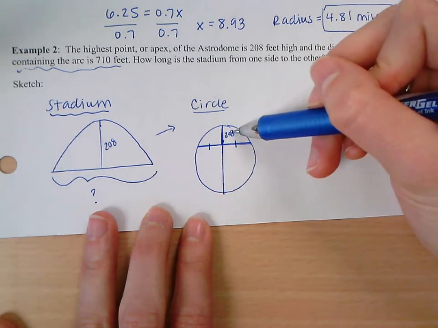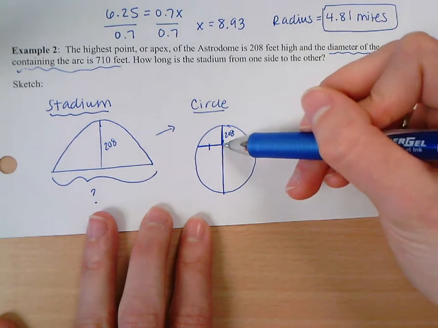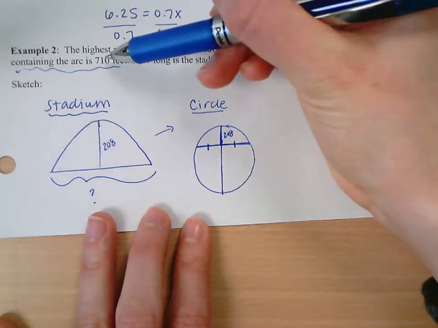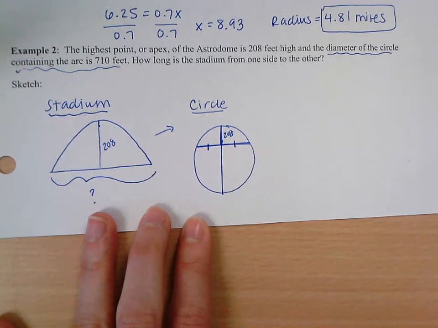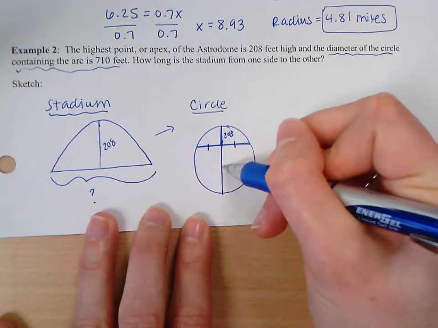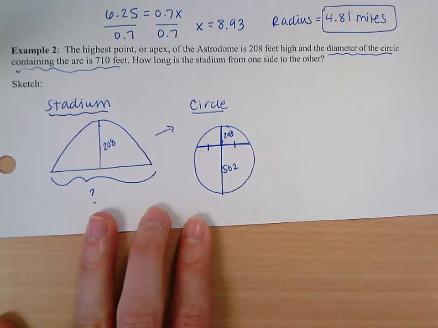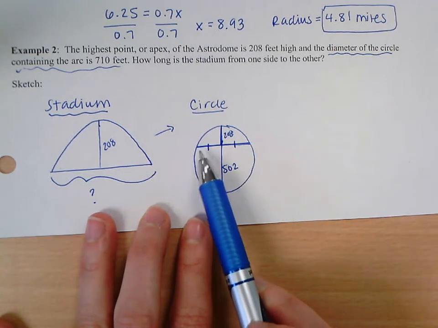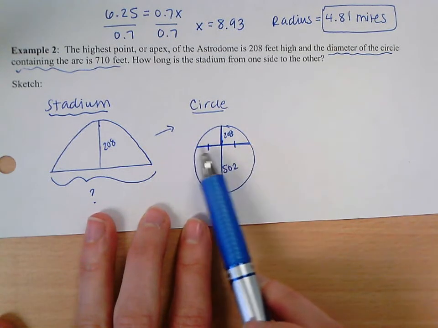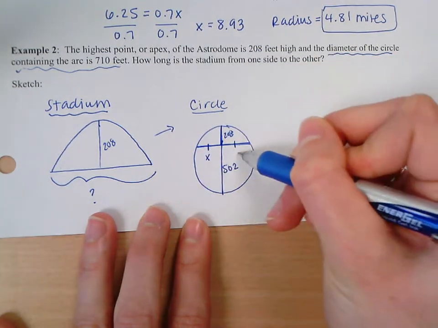So if this is 208, this part of it should be 710 minus 208. So this part would be 502. And then because I am looking for this length, and I know these are two congruent parts, I'm going to label both of these X.